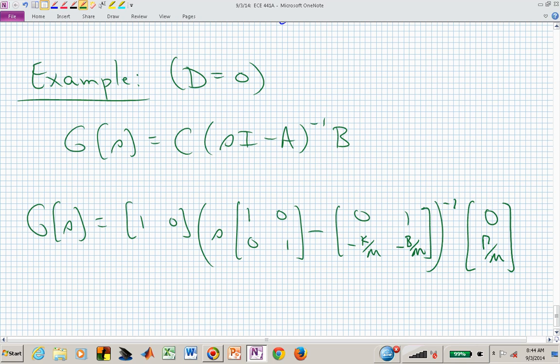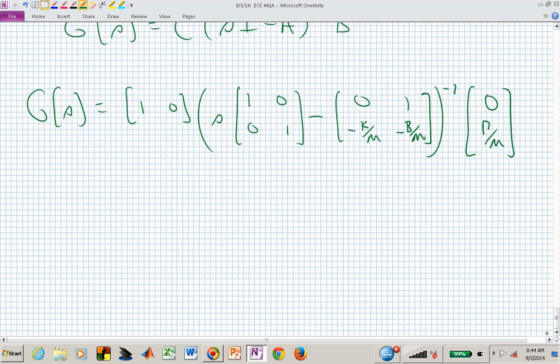We now need to invert this matrix symbolically. And if you have a calculator, a TI-89 with computer algebra, it'll do it for you. You just have to know how to put it in. MATLAB can do it also if you use the symbolic notation. Let's just do it manually. What we're going to do now is take s times the identity.